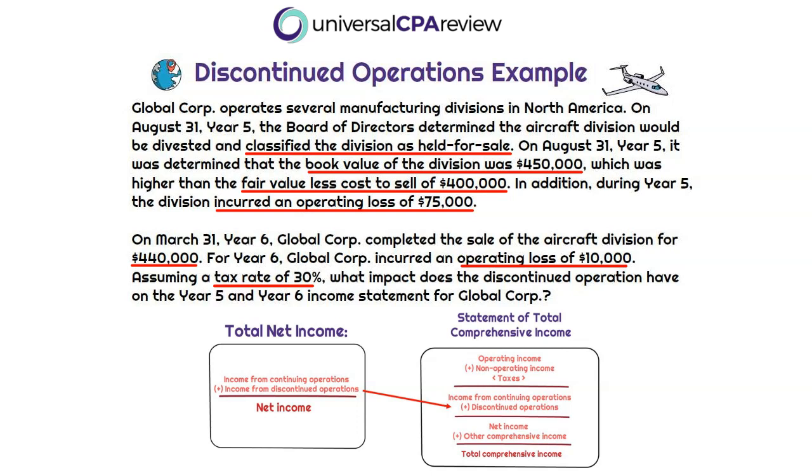Net of taxes for discontinued operations. And that's how we get to net income. So this is pretty common for large public companies that have operations all over the world. They're always going to be either buying or selling components. And so that's where discontinued operations becomes something that is important to understand and how it fits into the income statement.